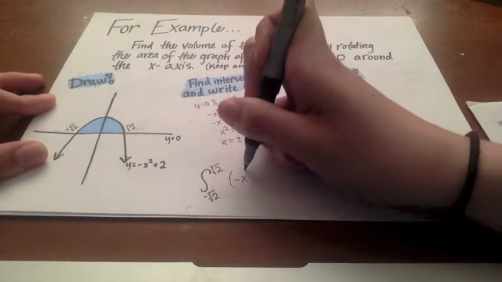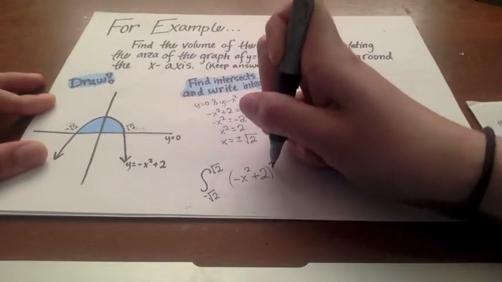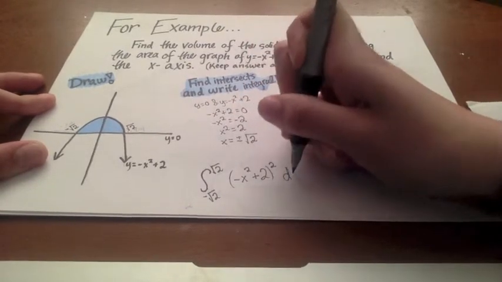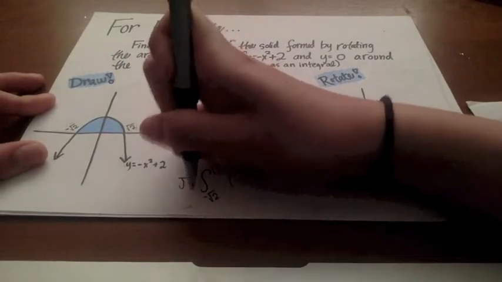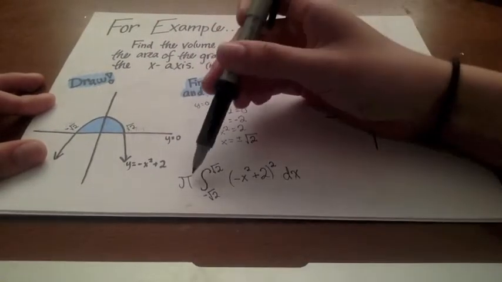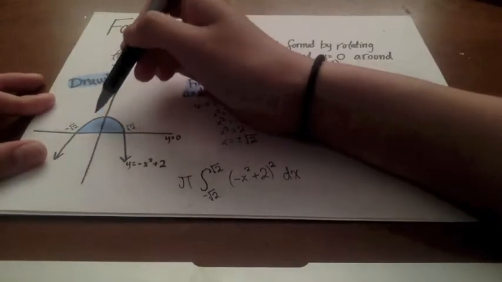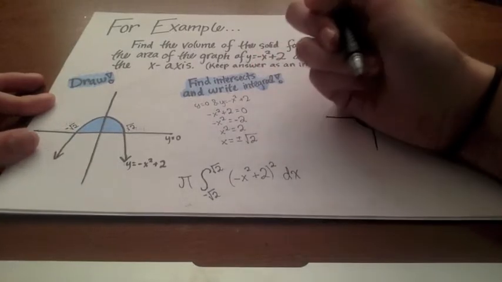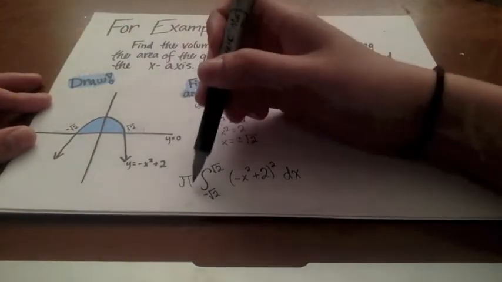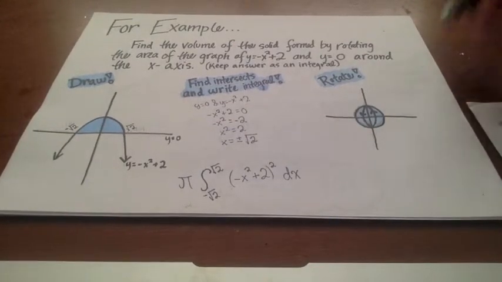Negative x squared plus 2 squared dx. And then we have to put the pi out front. So we have pi, our integral, of negative x squared plus 2 squared dx. So pi r squared. And this would give us the volume of this solid.